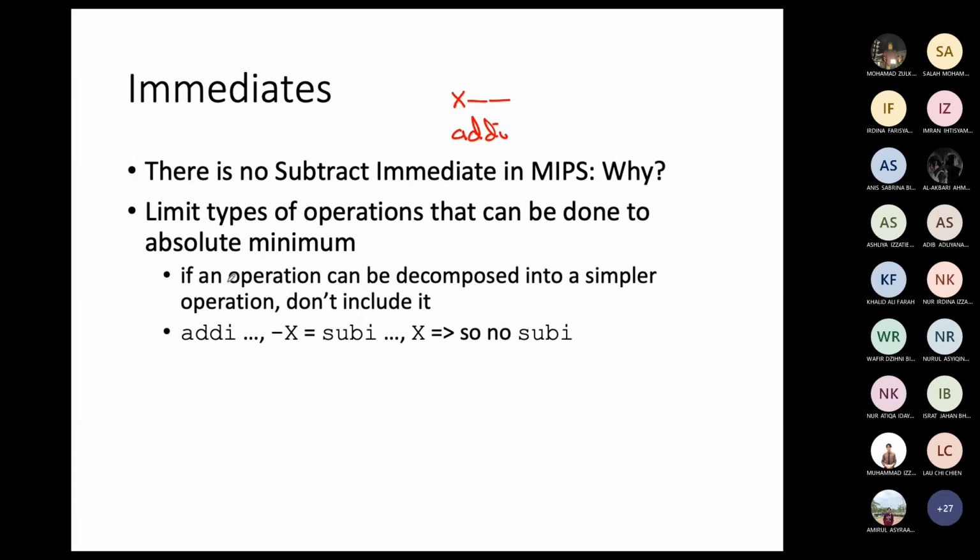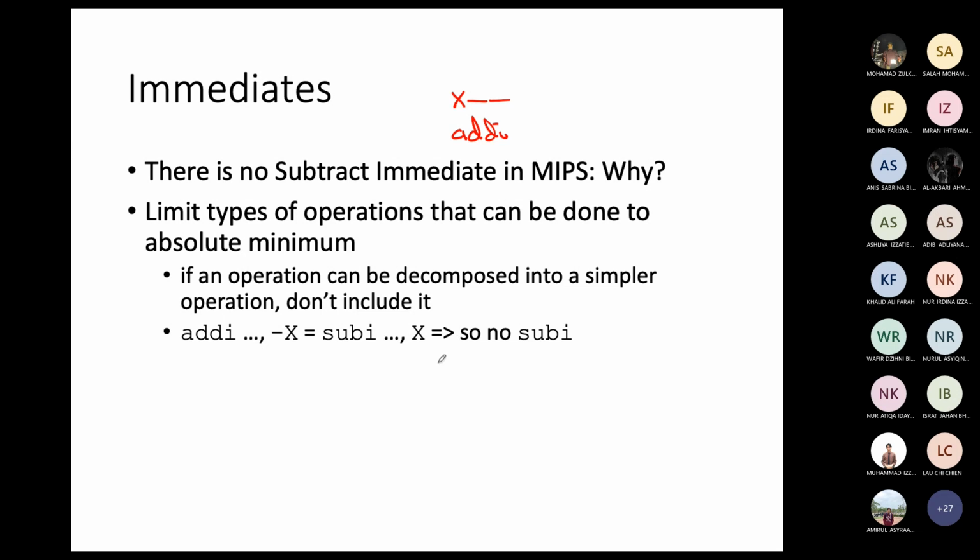So we don't need a subtract immediate. We limit the types of operation to the absolute minimum, so if an operation can be decomposed into a simpler operation, there's no need to include it. ADDI can subtract using a negative number.